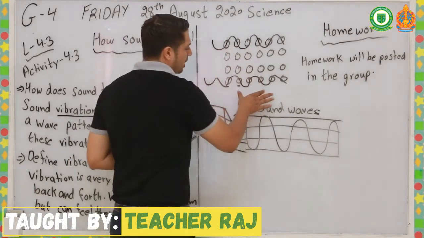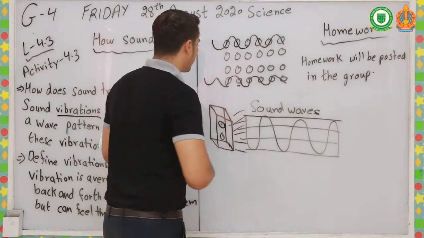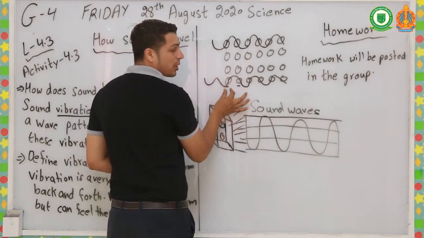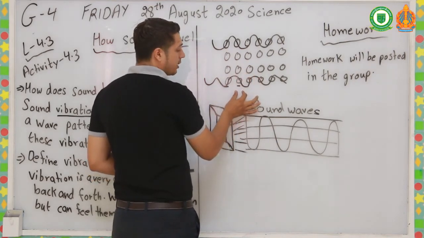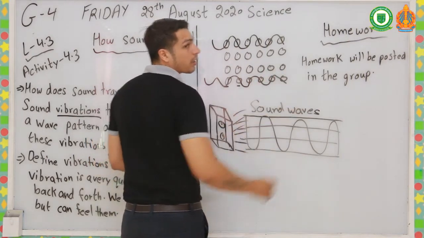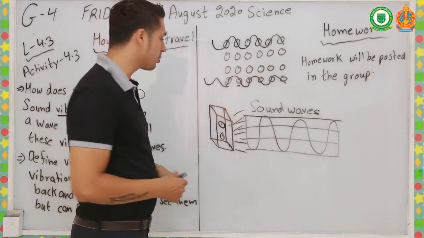Here is one example. These are particles of a solid material. When the sound waves come, they hit the first particle and it vibrates, then it hits the next particle. This pattern goes on and on. That's how sound travels in particles.